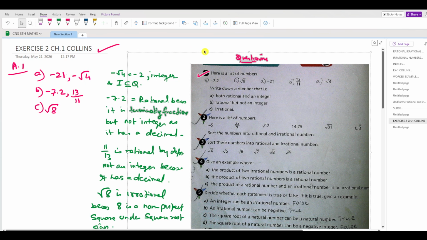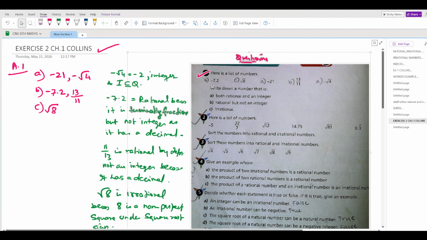Okay. There is some overlapping over here, with A, B, C, D written. In fact, these are the answers written on the screen in the textbook itself, but anyway, I'm going to explain these answers.